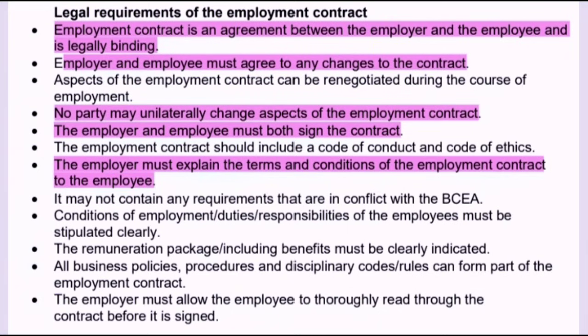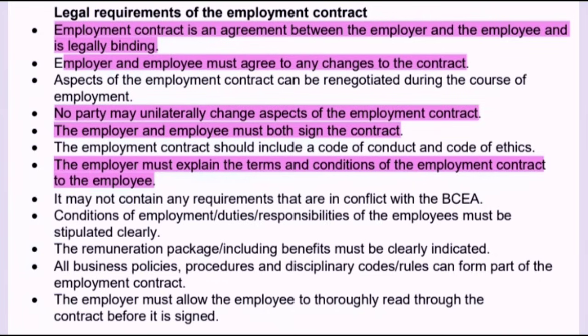Now we move forward to the legal requirements of the employment contract. Kindly look at your screen so that you can see what I am talking about. The employer and the employee must both sign the contract. This is a legal requirement of the employment contract.